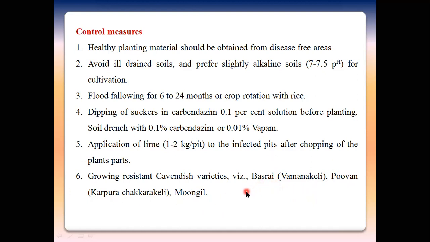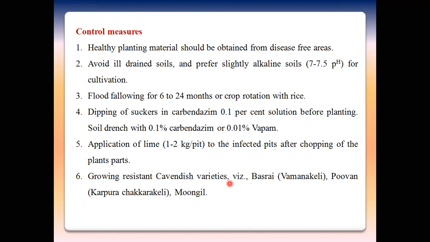So this is the information about the fungal wilt. This fungal wilt is also known as the Panama wilt. Why is it known as Panama wilt? Because in 1950 this wilt was majorly seen in the Panama states in America.